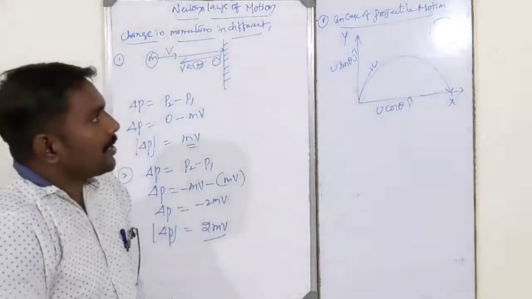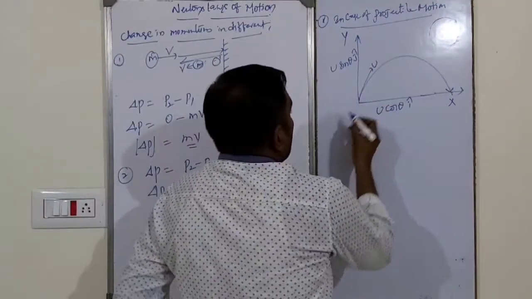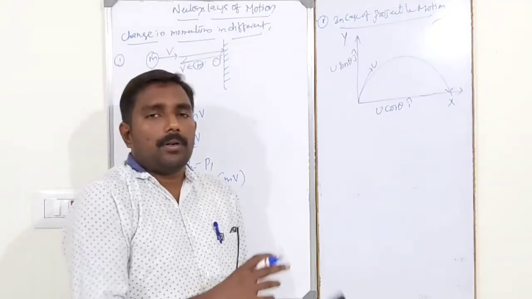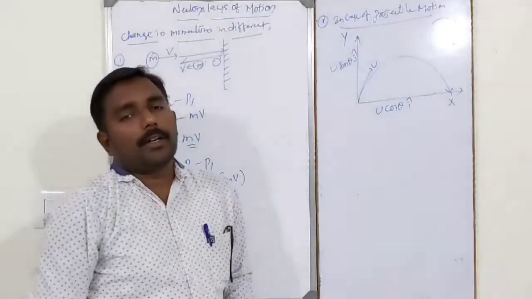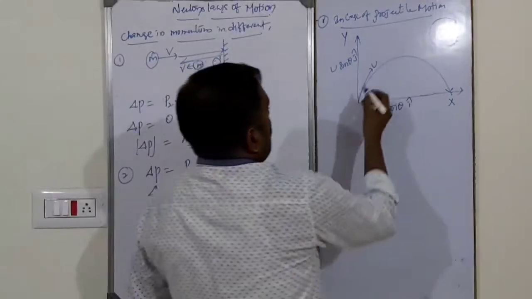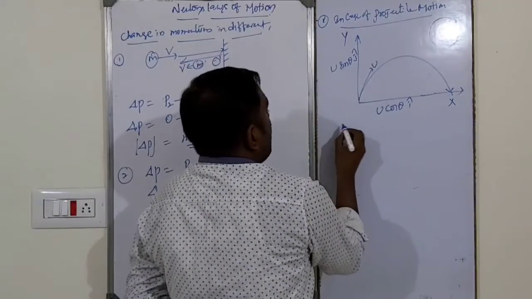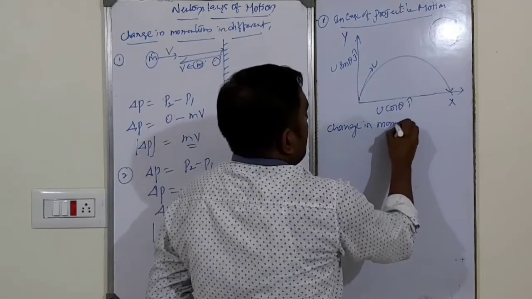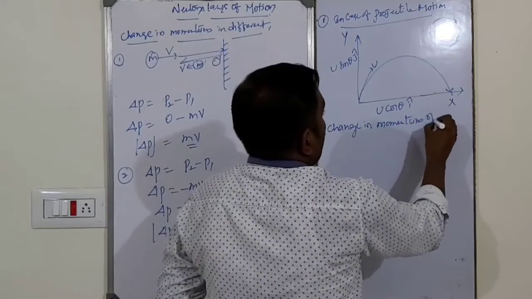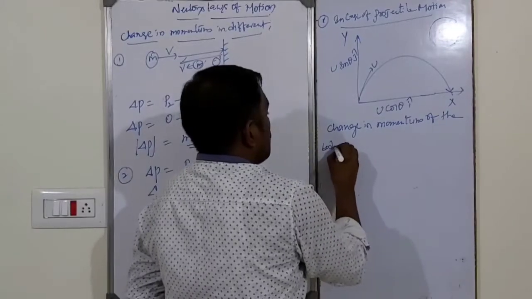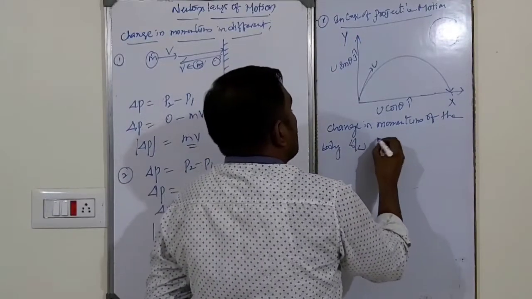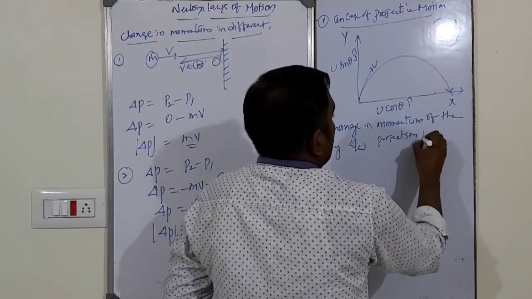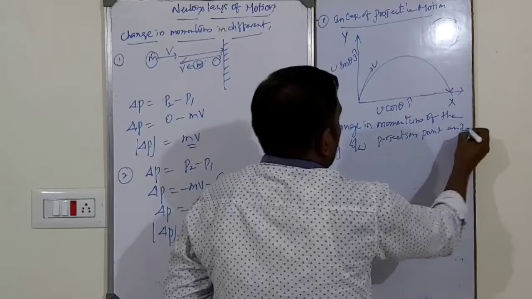In case of projectile motion, what is the change in momentum of the body between the projection point and the final point?